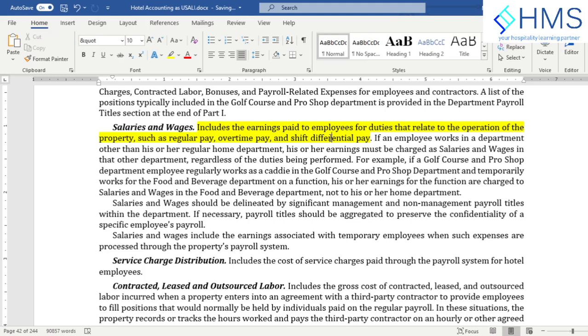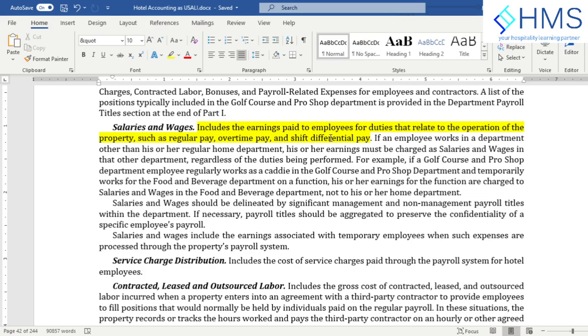Sometimes the hotels pay split shift, where people take a break of 2 to 3 hours during the day and then work from morning till night. So they are normally paid shift allowance so that they can work longer, and the hotel does not need to hire a separate person for the second shift.